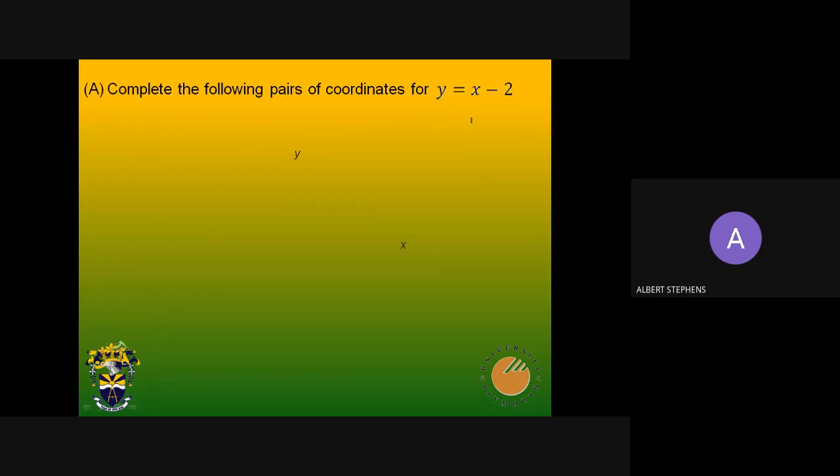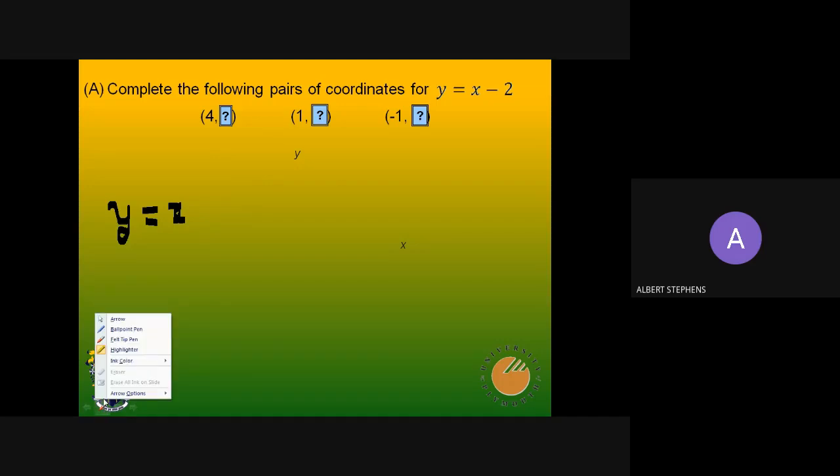So here we have an equation, y is equal to x subtract 2. And here we have 4, 1, -1.